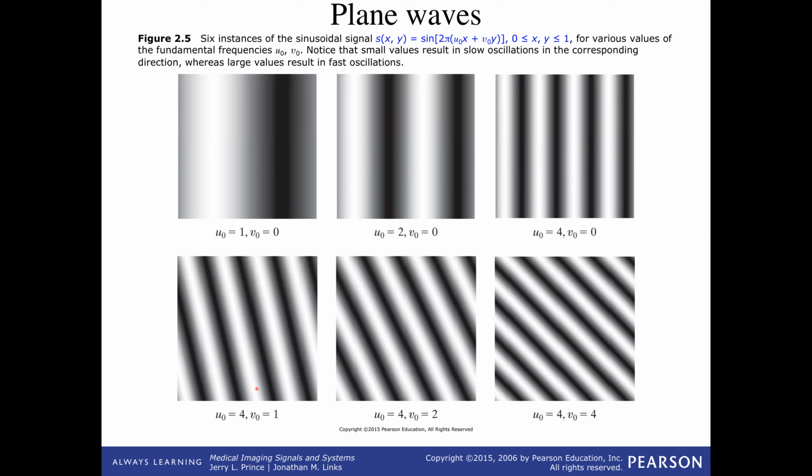Now it gets interesting when I click a value in for mu naught. Now I have a value for Y as well, such that if I move in the Y direction, I get a sinusoidal oscillation in the Y direction at this frequency. When you look at it, it looks like a plane wave that's traveling in a specific direction, right? It turns out when we create an MR image, we adjust these two values to create different plane waves in the signal from the patient.